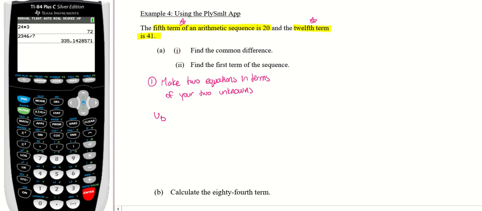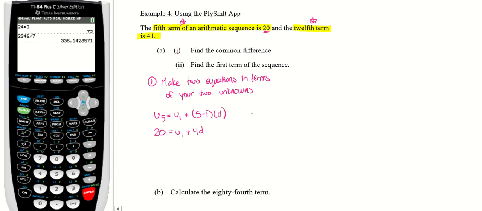So U5, based on the general term formula, is going to be equal to U1 plus n, in this case, because it's the fifth term, it occupies the fifth place, so n is 5, minus 1, times d. But I know the value of the fifth thing in the list, and that value is 20. So I can replace U5 with 20, and I get 20 equals U1 plus 4d.